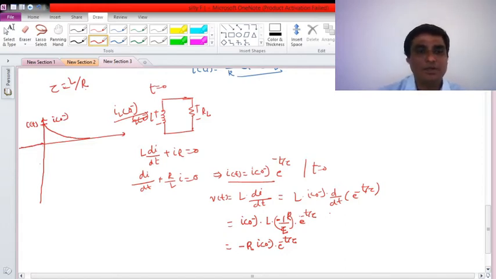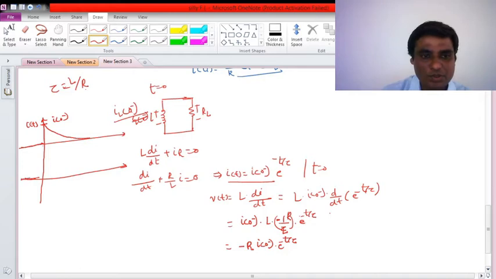Whereas the voltage across the inductor will be minus R times that. Previously it was 0, then at t is equal to 0 switching, it will suddenly jump to the value minus R times I of 0 negative, and it will decay exponentially, so it will reach 0. So this will be my voltage behavior.